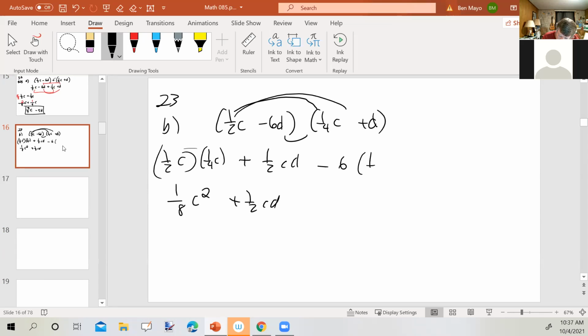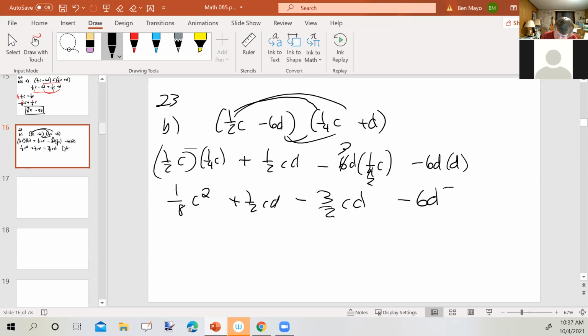minus 6D times 1/4 C. 6/4 could be reduced to 3/2, so I've got minus 3/2 CD, okay, and then finally minus 6D times D would be minus 6D squared.